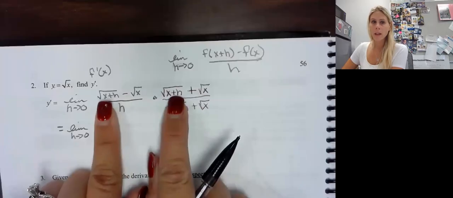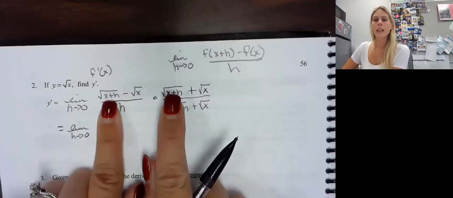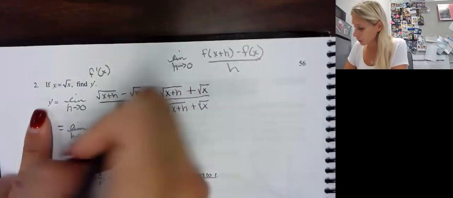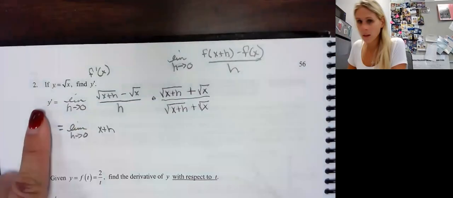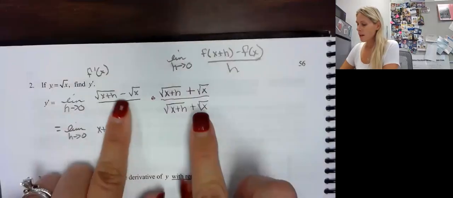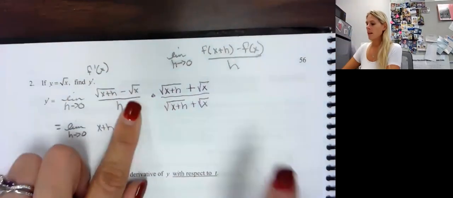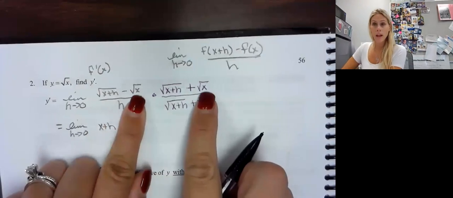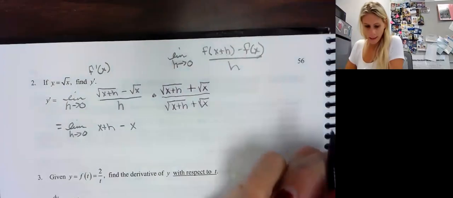So really, the square root of x plus h times the square root of x plus h is x plus h. A negative times a positive is a negative, and square root of x times square root of x is just x. Now on the bottom, I'm not going to distribute or anything. I'm just going to write down what I see.